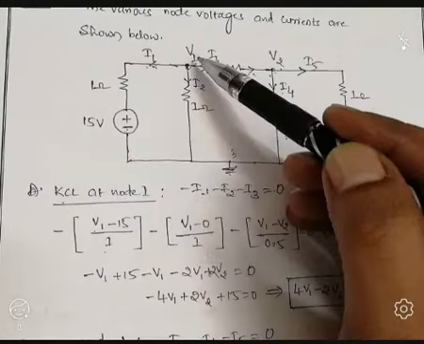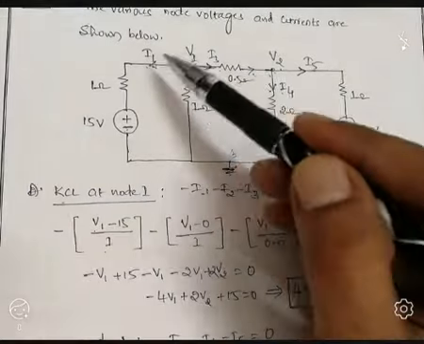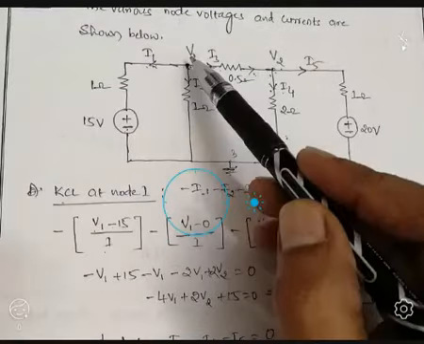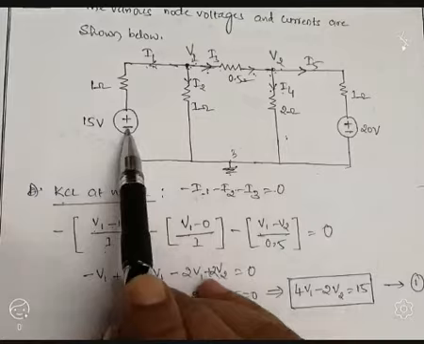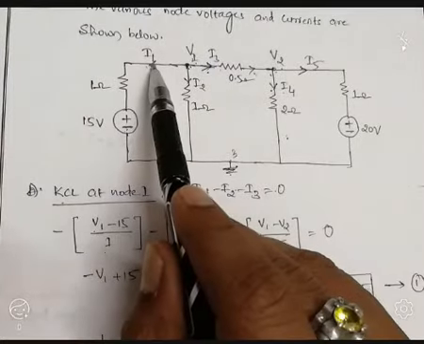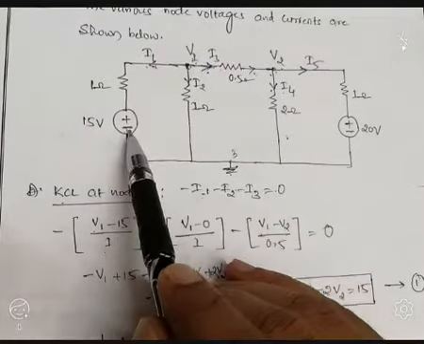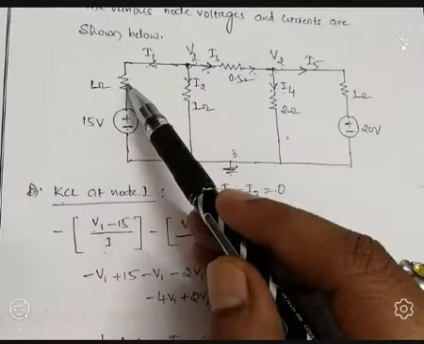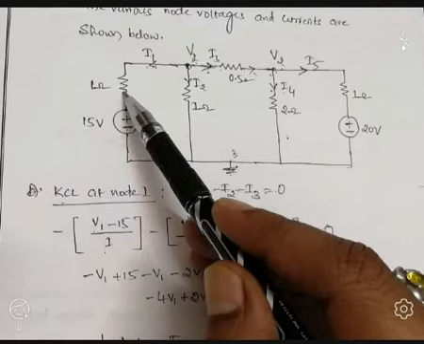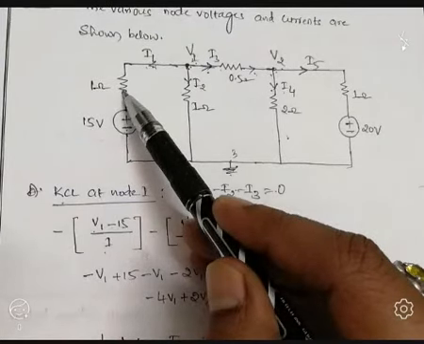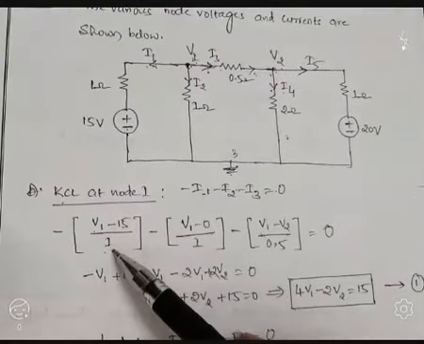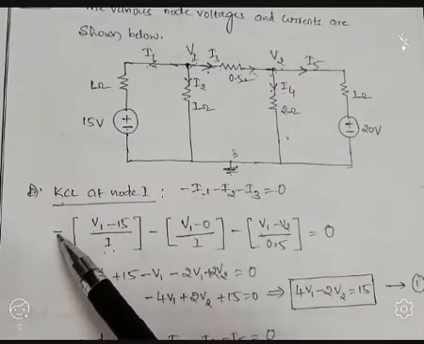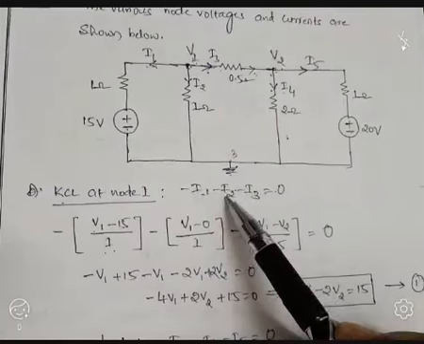As per Ohm's law, I equals V by R. So I1 equals V1 minus 15 divided by R, since the arrowhead of the current I1 is pointing towards the negative. This branch has a resistance of 1 ohm, hence V1 minus 15 divided by 1. The minus symbol is kept as it is.